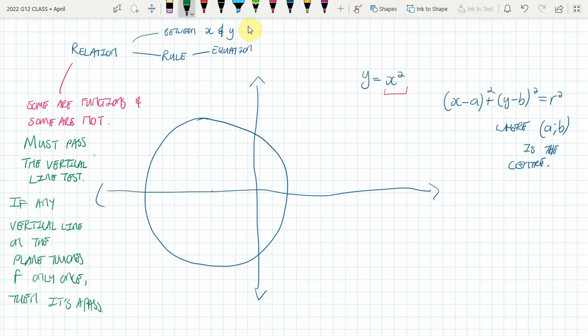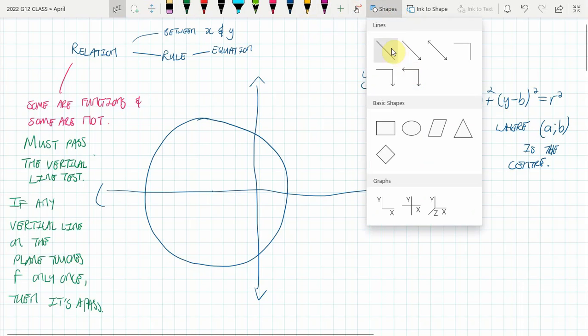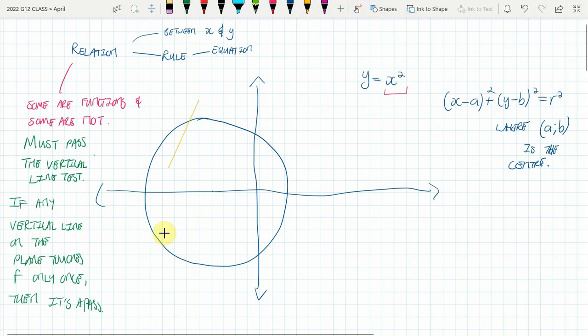So some functions fail this test. Examples of those that fail this test will be the circle, because if we draw a vertical line anywhere, this line will touch the graph twice. Can you see?